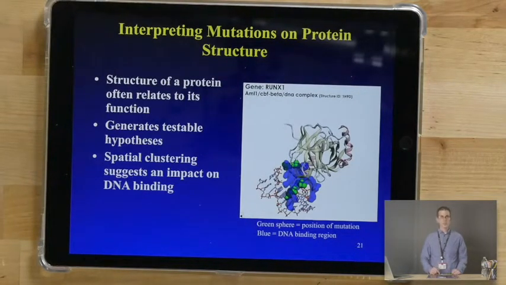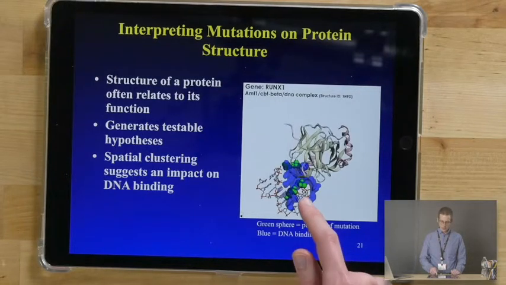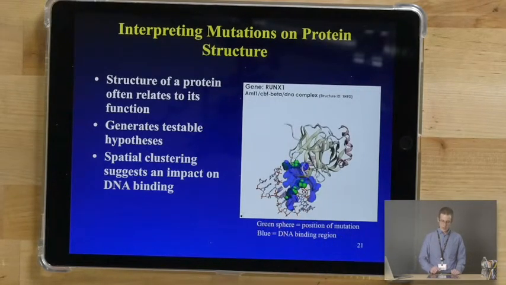You can see there's a common theme here. All of these mutations occur at the DNA binding interface of this transcription factor. So this might immediately lead you to think that maybe they have an effect either on the strength of DNA binding or how specific its binding is to a specific sequence of DNA.